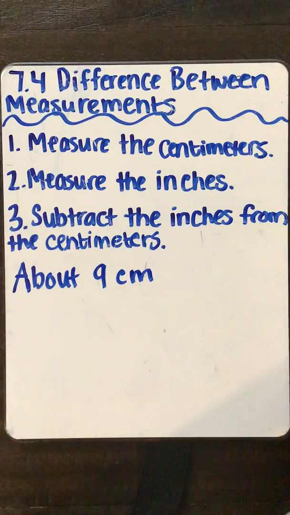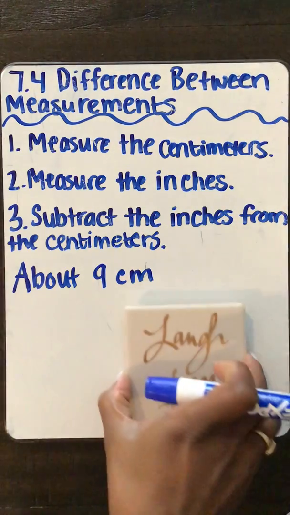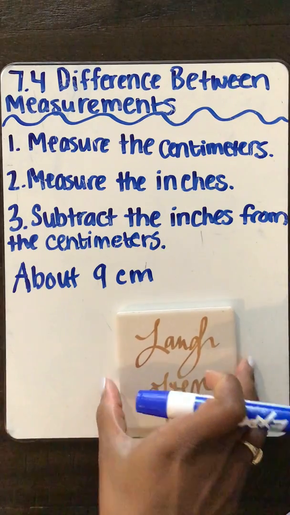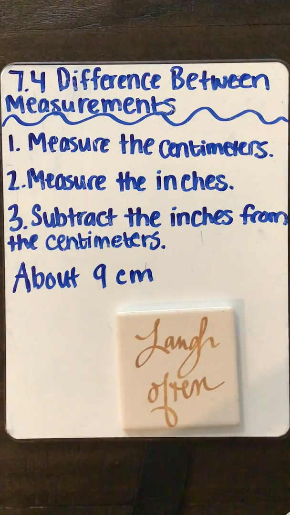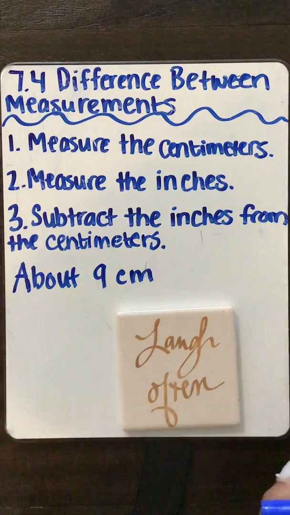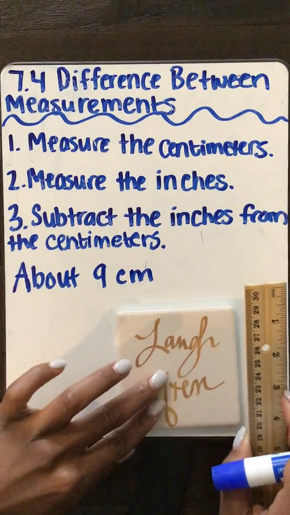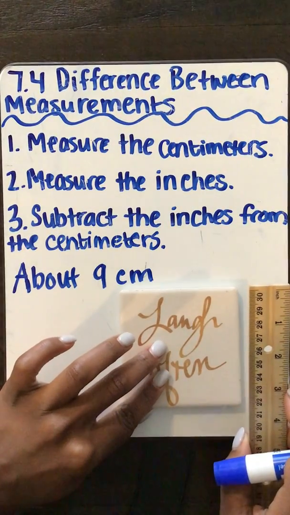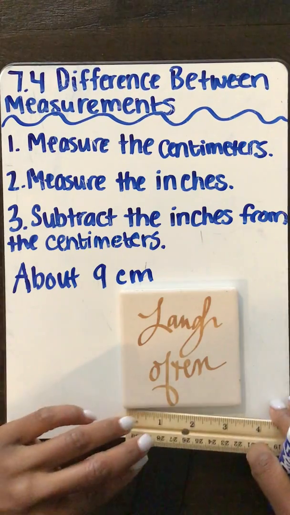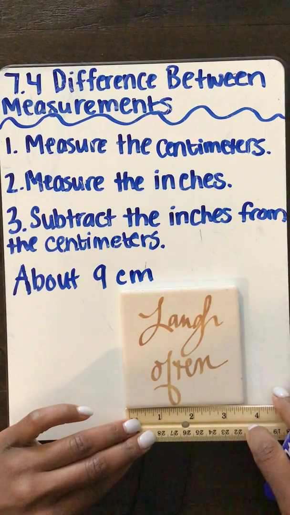Measure the inches. Very good. So now I'm going to take my same coaster and I'm going to measure the inches of my coaster. Line it up just like this.